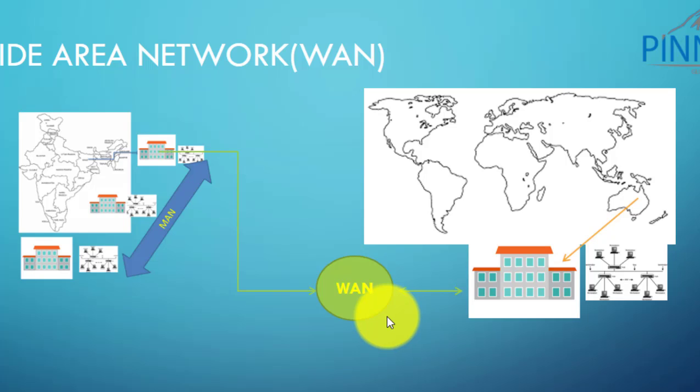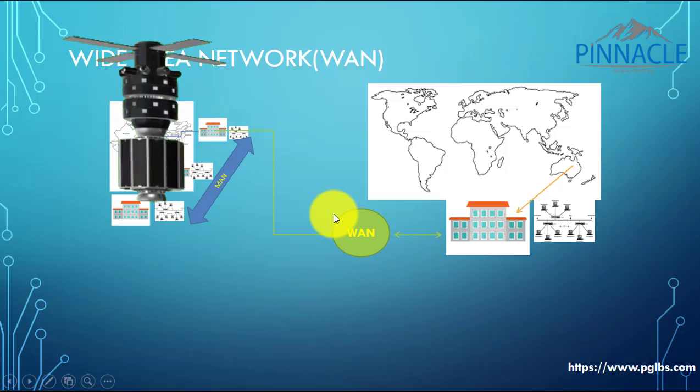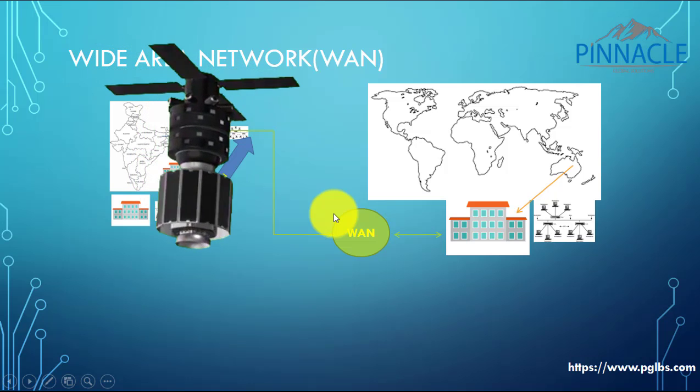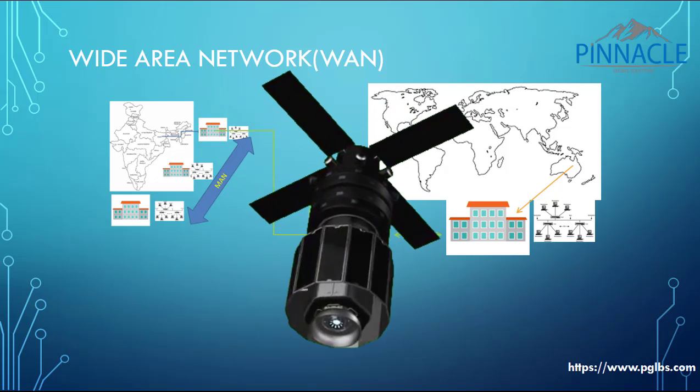You need to be very clear with this, and the coverage actually means it basically covers countries or continents, etc. And WAN is expensive and should not be owned by one organization, because it has to be owned by multiple organizations, because the maintenance cost would be pretty high. And here we predominantly use satellite communication for transmission of receiving data between different WANs. So this is what you mean by a wide area network.